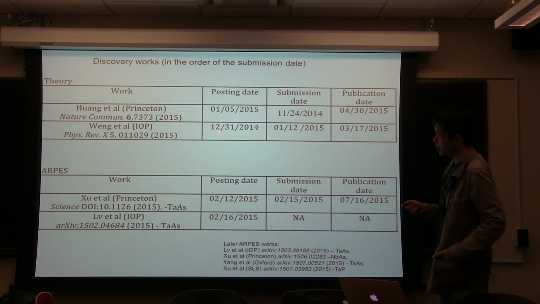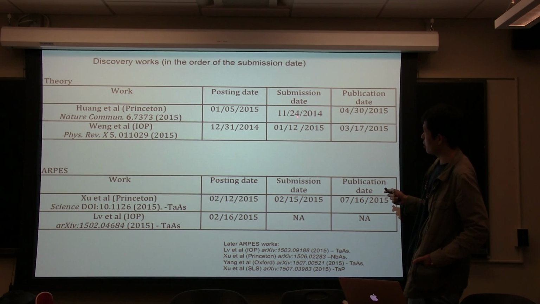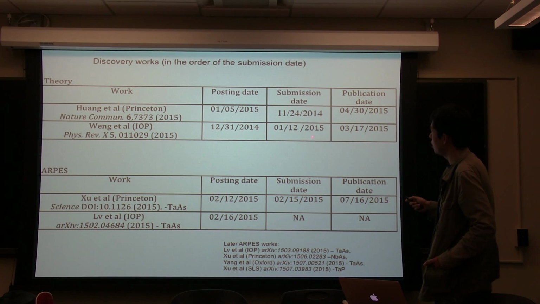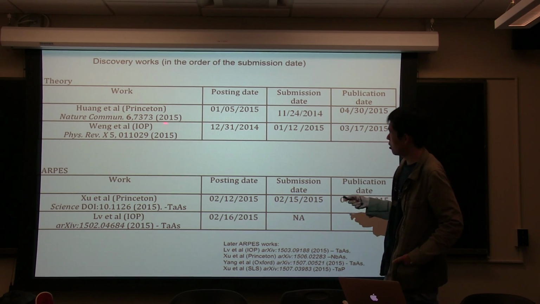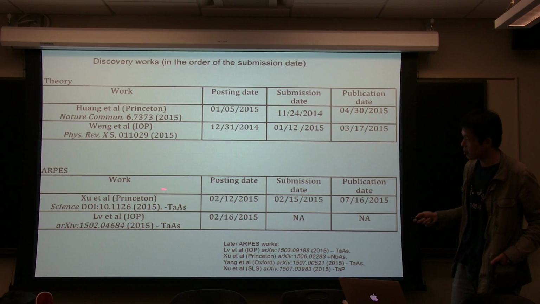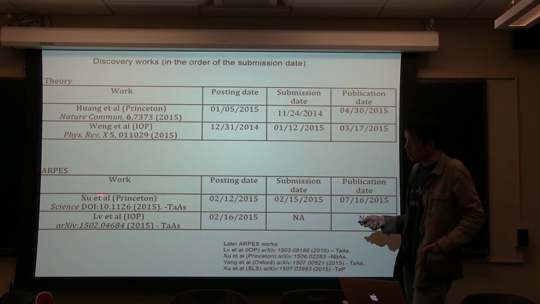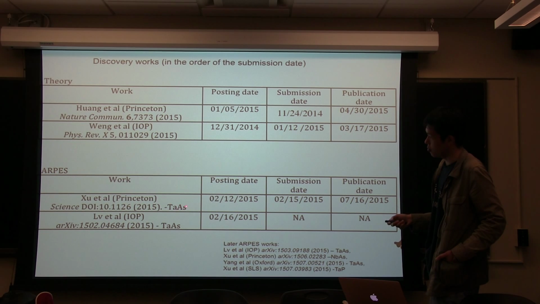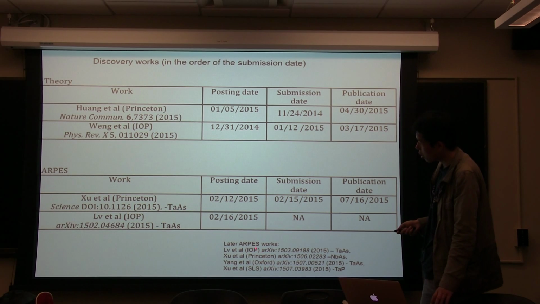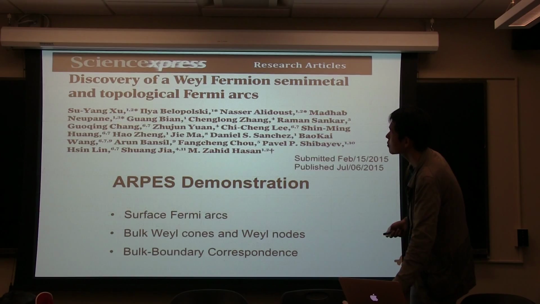Our work was submitted in 2014 and published in 2015, and then there's an IOP theory paper, and then in the ARPES experimental work, our paper was now published in Science in July, and it was submitted in February. And there are also later works, including our own group, which study either TaAs or related compounds.